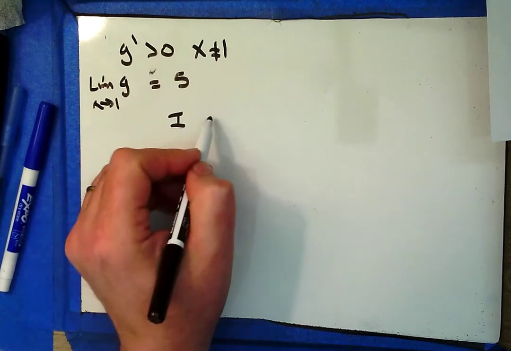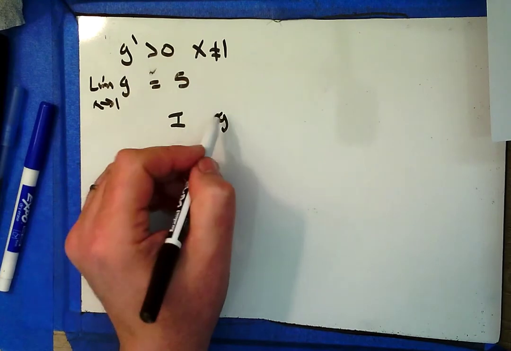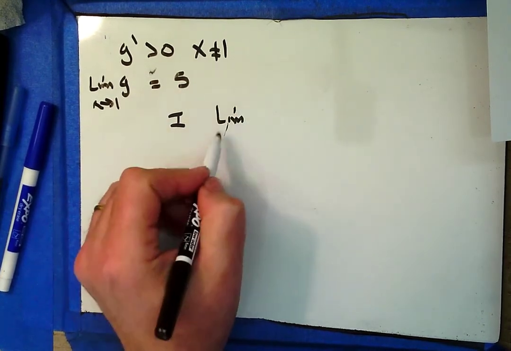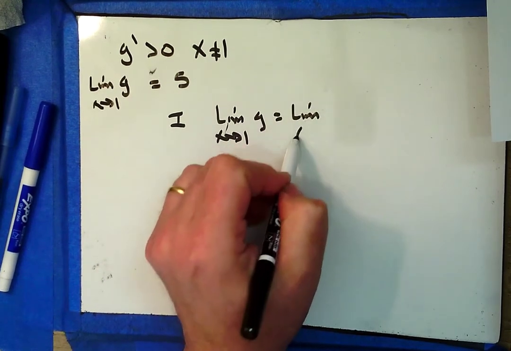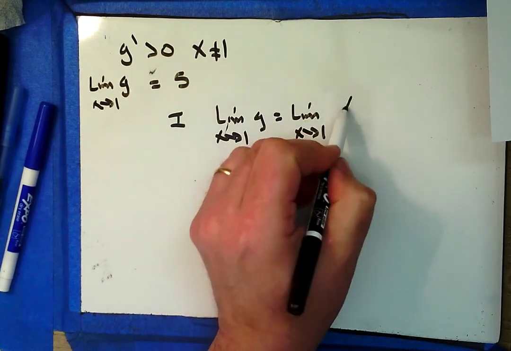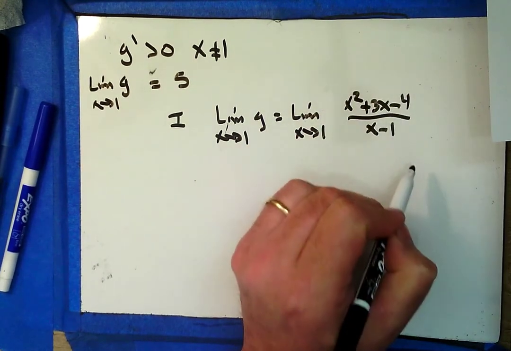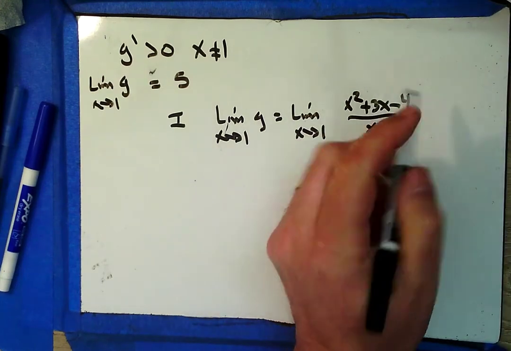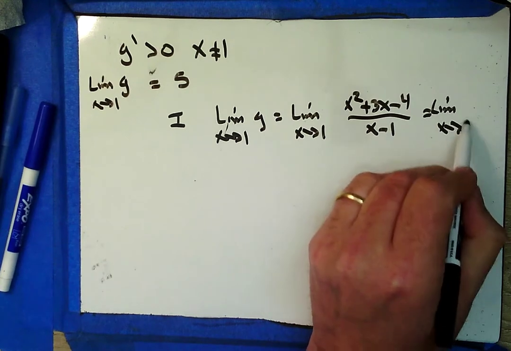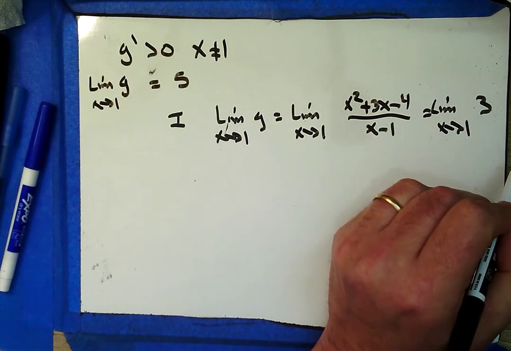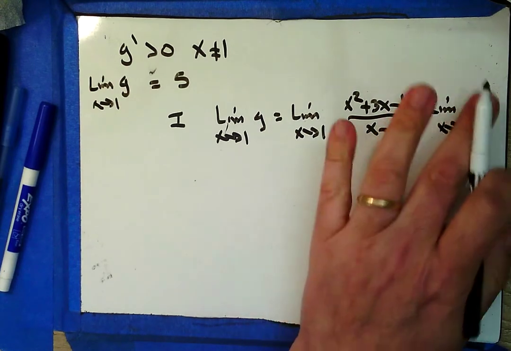Okay, so 1 is again this algebraic piecewise representation, and so we want to think about the limit as x approaches 1 of g as being the limit as x approaches 1 of x squared plus 3x minus 4 over x minus 1, and that should equal the limit as x approaches 1 of 3, the other piece. Well, I don't need that, this is only at 3.